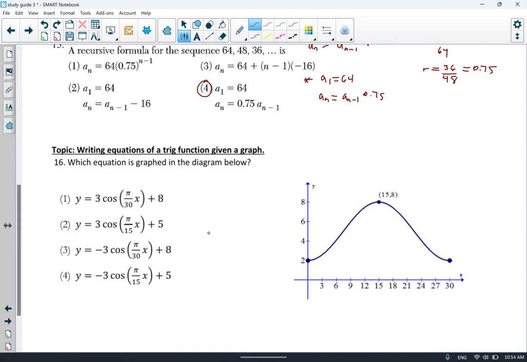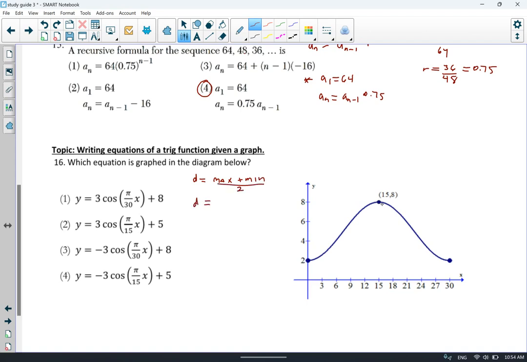Number 16, they want you to write the equation of a trig graph. So we've graphed earlier in this study guide based on an equation, we created the graph. Now we're doing the opposite. And so first thing you want to do is find the midline, and the formula for the midline is D is equal to max plus min divided by 2.